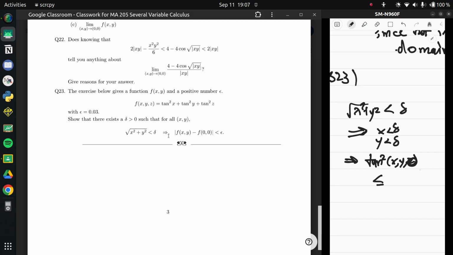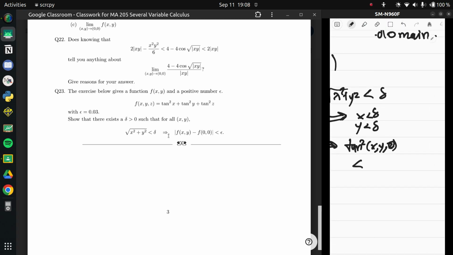So that thing is strictly less than. It's a monotonically increasing function without the slope ever being 0, right? So this is actually going to work out.